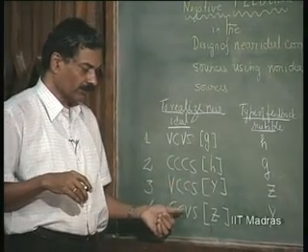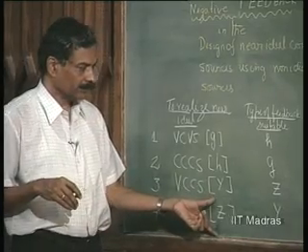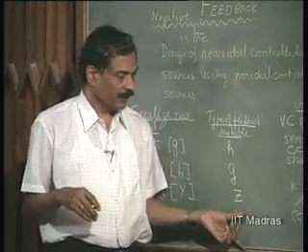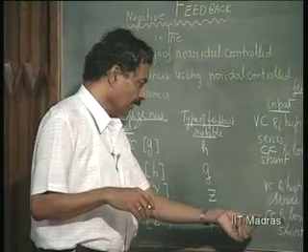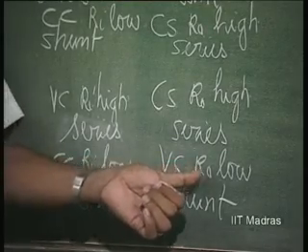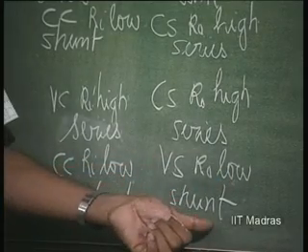Similarly, a current controlled voltage source is ideally expressed by Z parameter. The type of feedback that you have to give is Y feedback, and that is because current control means Ri is low, voltage source means R naught is low, so things are in shunt at the input and shunt at the output.